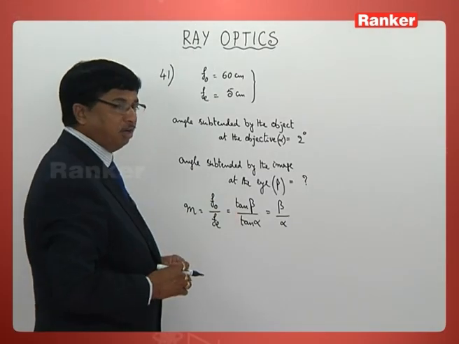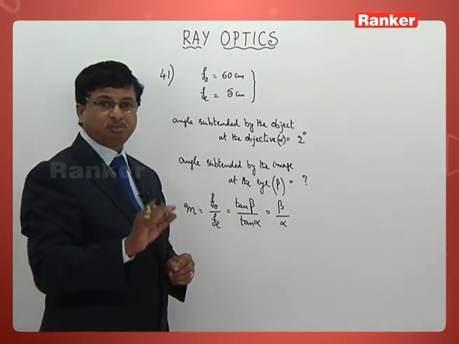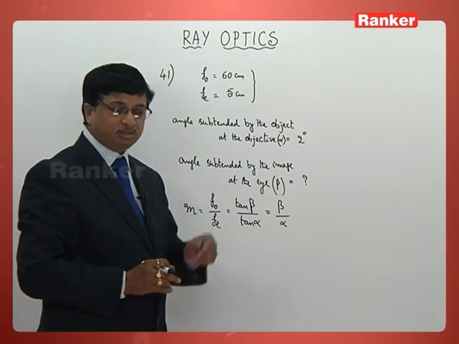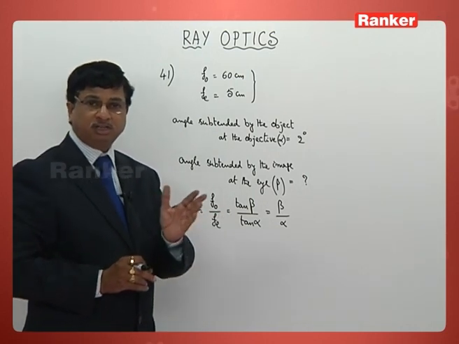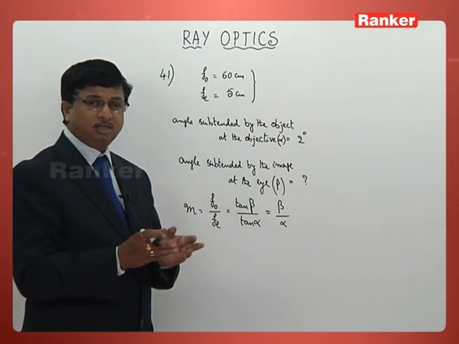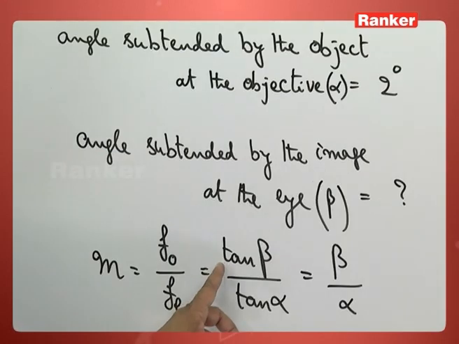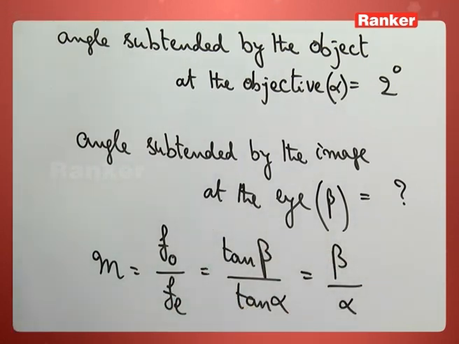All of you can understand the limit as theta tends to 0, tan theta by theta is 1. In physics we take it like this: when theta is very small, tan theta can be written as theta, or tan theta and theta are nearly equal. Even in this case, tan beta can be written as beta and tan alpha can be written as alpha.